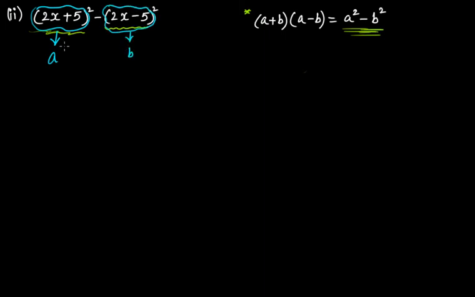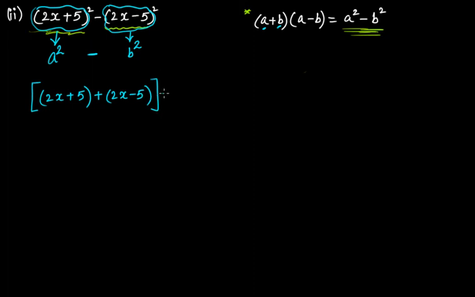Since it is squared, it is a squared minus b squared, which is actually (a plus b) multiplied by (a minus b). So our a is 2x plus 5 and b is 2x minus 5. At the place of a, put 2x plus 5, plus, at the place of b, put 2x minus 5.